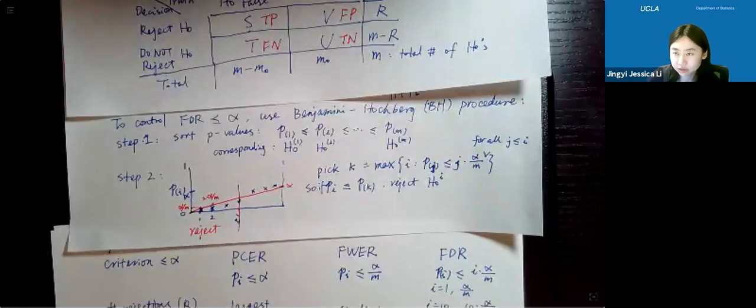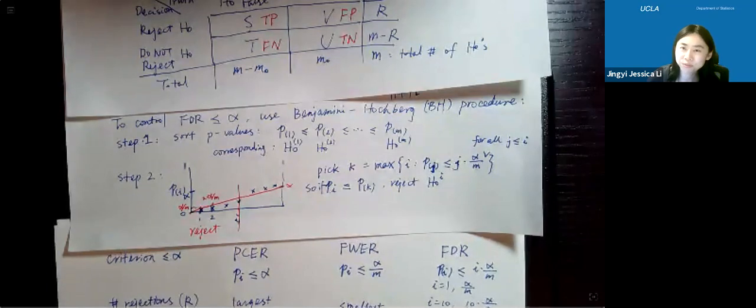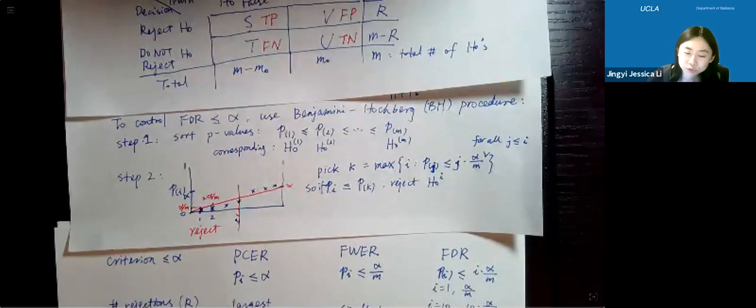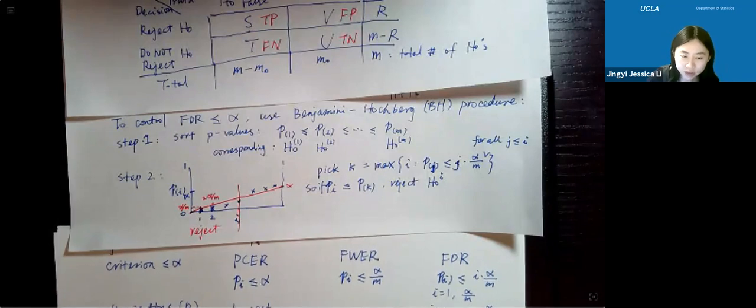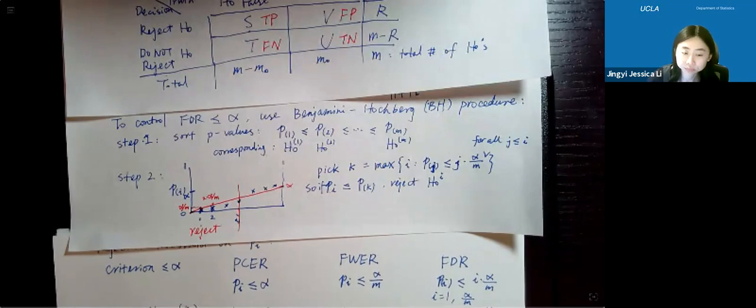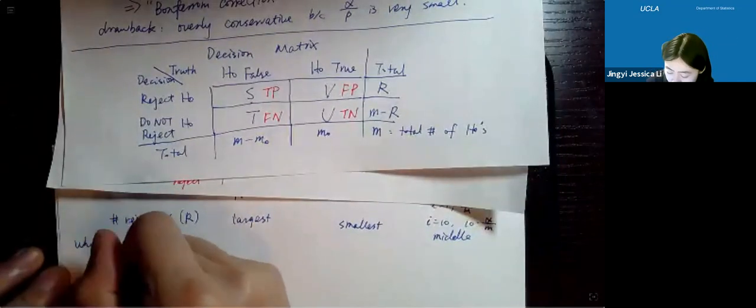For example, the proof that people widely use relies on the concept called martingales, which is an advanced probability concept. Without using that, we will just give you some intuition behind how it works. So let's take a look at an intuitive understanding of why BH works.